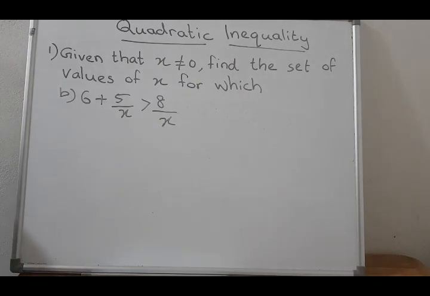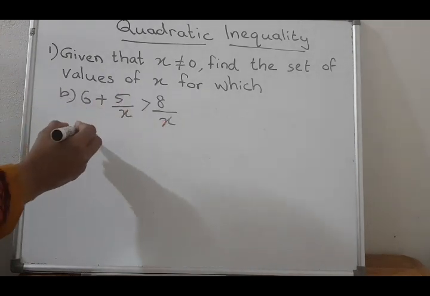See the next question. Given that x is not equal to 0, find the set of values of x for which 6 plus 5 divided by x is greater than 8 divided by x. So we'll take the like terms together.